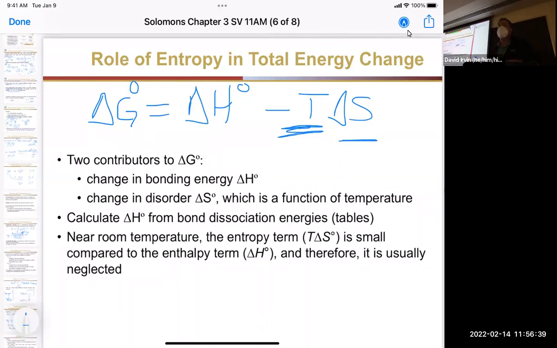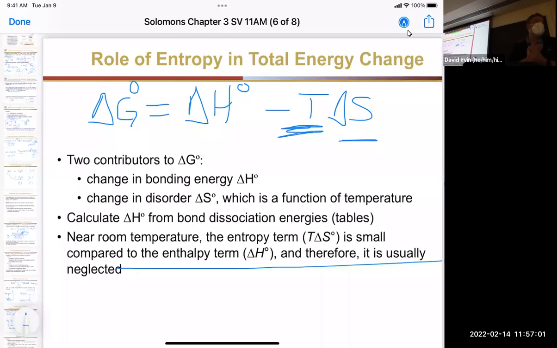But most of the time, we can equate the free energy to the enthalpy, which is the energy held within the bonds. That means we have an approximation until temperature usually gets above 500 degrees. We can usually just leave that entropy term out.